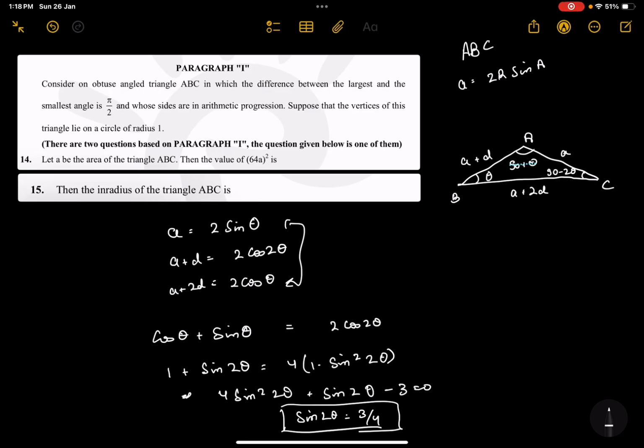Let delta be the area of the triangle ABC. So the area of this triangle is half a plus 2d, using this as the base, and a cos 2 theta as the height.